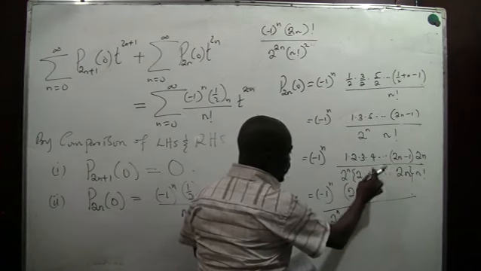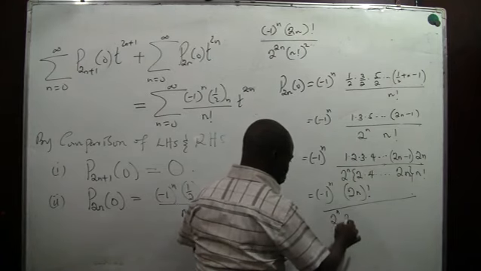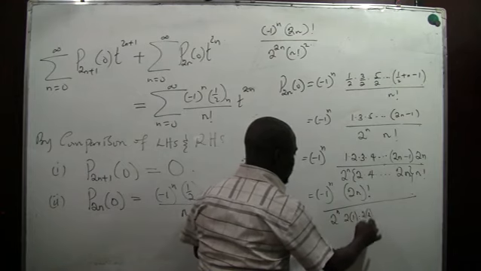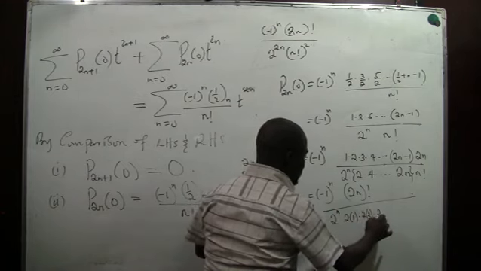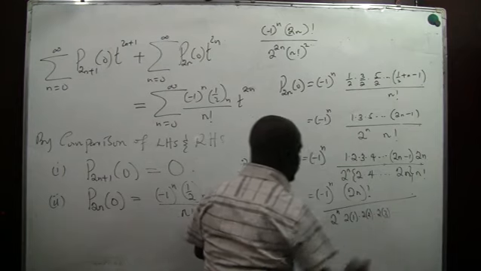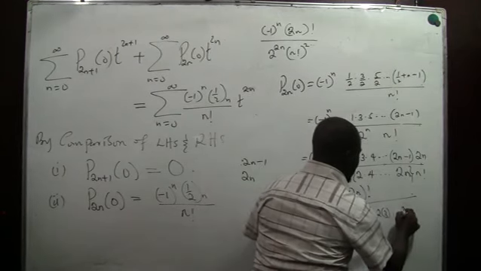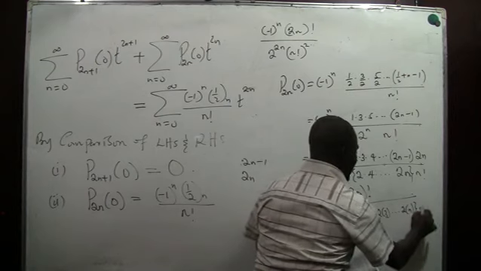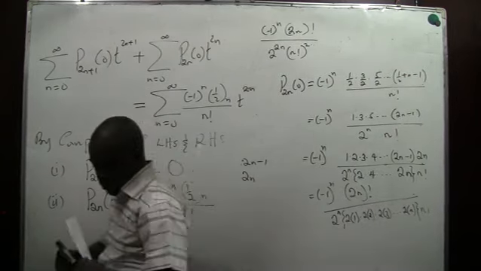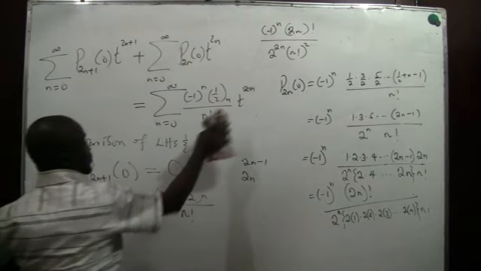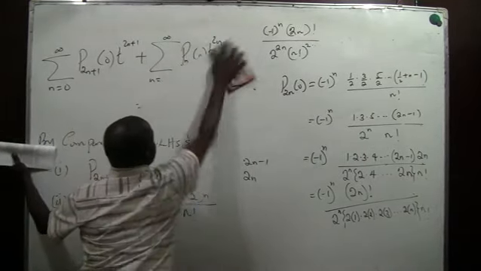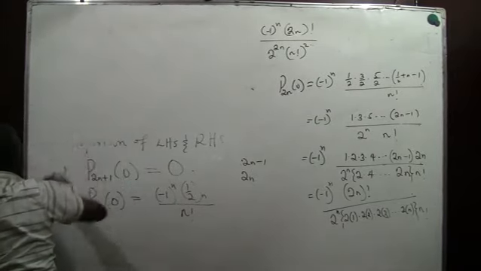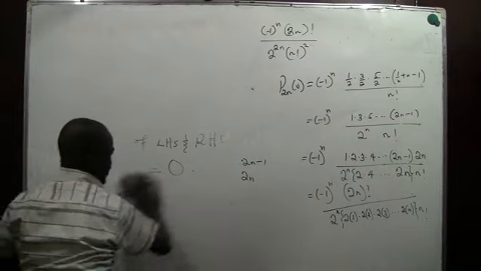Observe that each of these even numbers can be written. For instance, 2 can be written as 2 times 1. 4 can be written as 2 times 2. 6 can be written as 2 times 3. It continues, and we write this one as 2 times n. Then multiply by n factorial. Then, what does that translate to? Let us look at the translation.